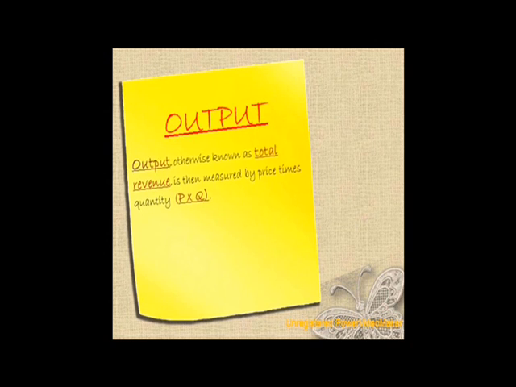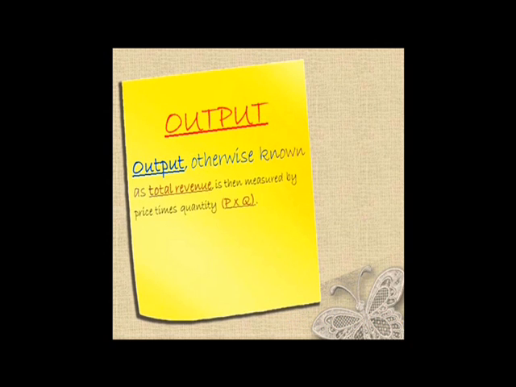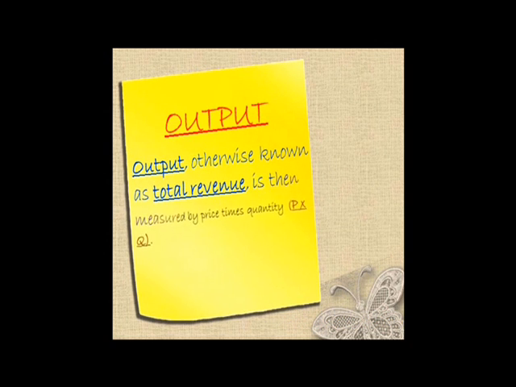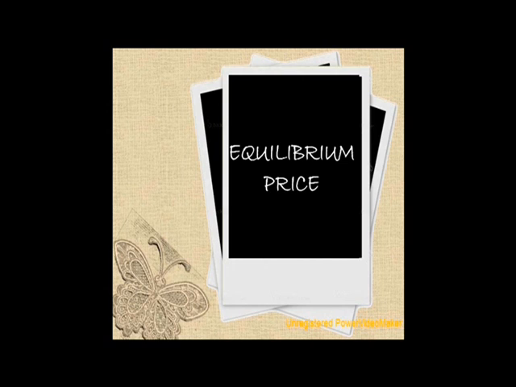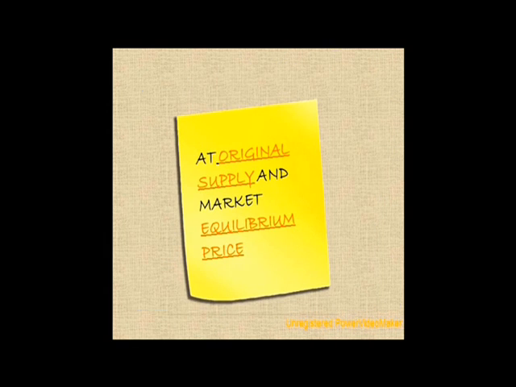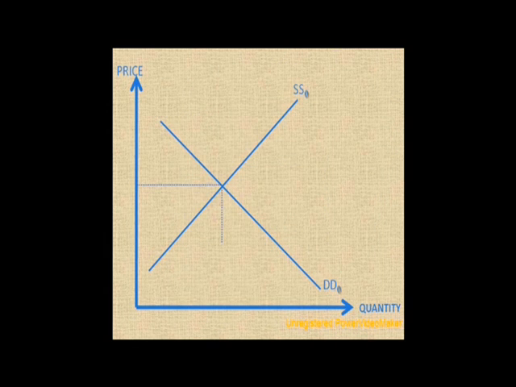Output, otherwise known as total revenue, is then measured by price times quantity. Assuming the supply of the good increases, the supply curve shifts to the right from SS0 to SS1.